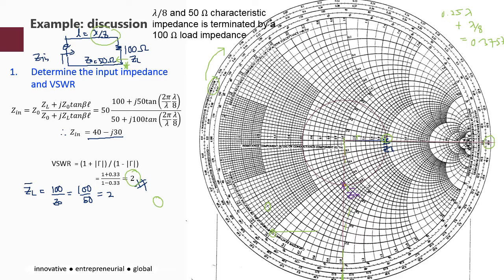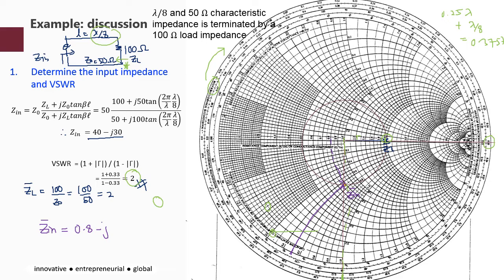Okay, and then read through the real and imaginary part of the Z-in. So it lies in there. So your normalized Z-in equals 0.8, and it is at the bottom, minus J. So look at this way.